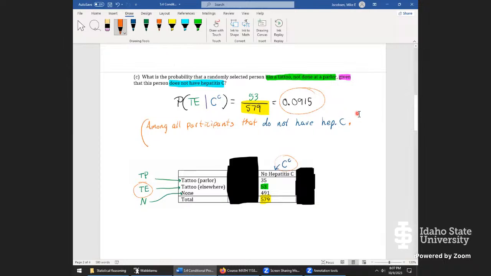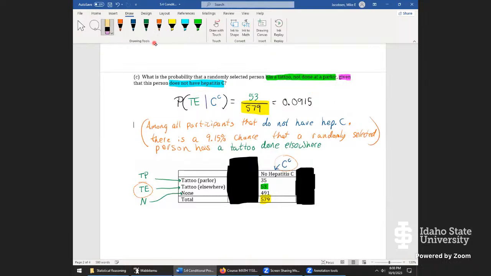So among all participants who do not have hepatitis C, there is a 9.1% chance that a randomly selected person has, then I'll say right here, a tattoo done elsewhere, meaning not in a parlor for our organization. So has a tattoo done elsewhere.